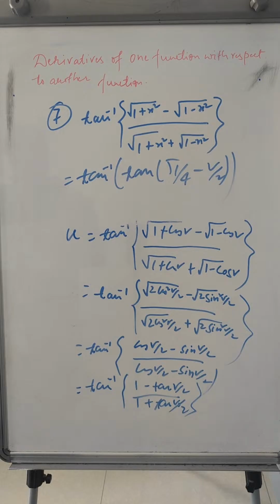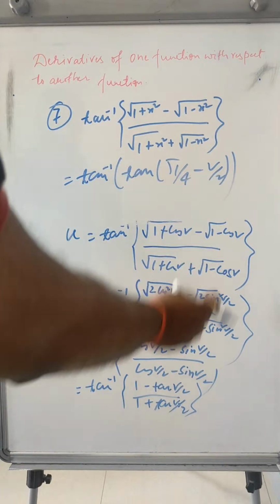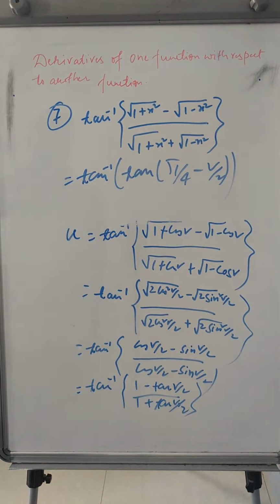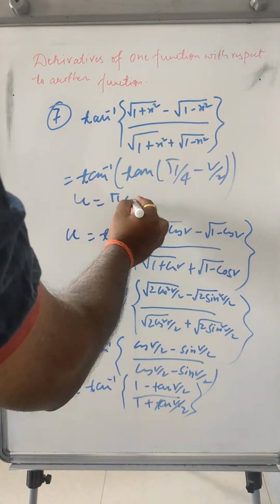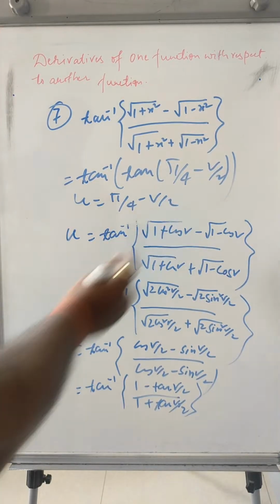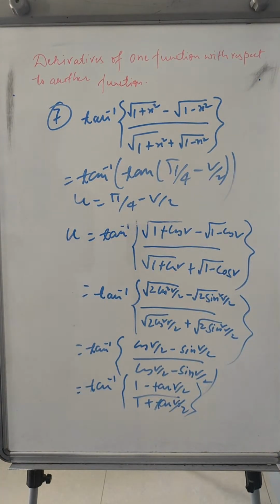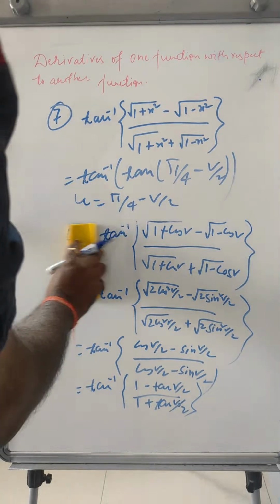This is the real thing. Tan of pi by 4 minus v by 2 is this much. Okay, so you should remember this formula. And now that final step, this is nothing but u is equal to pi by 4 minus v by 2. Correct. So you got u is equal to this much.